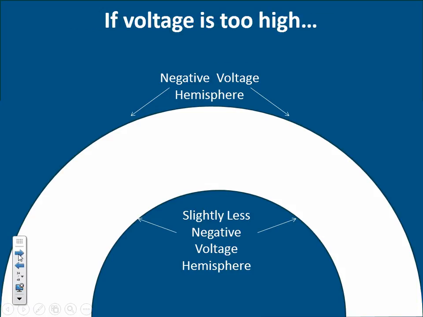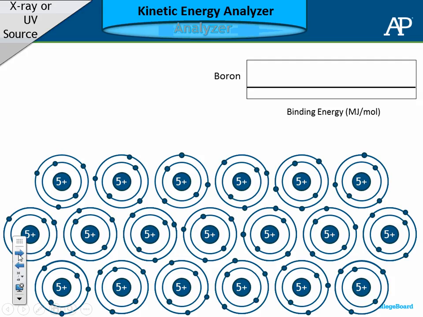If the electron comes out too slow, it's going to crash into the lower wall. So when we get the voltage just right and the energy that the electron is giving off, it will circle around this sphere and we'll be able to measure the binding energy.